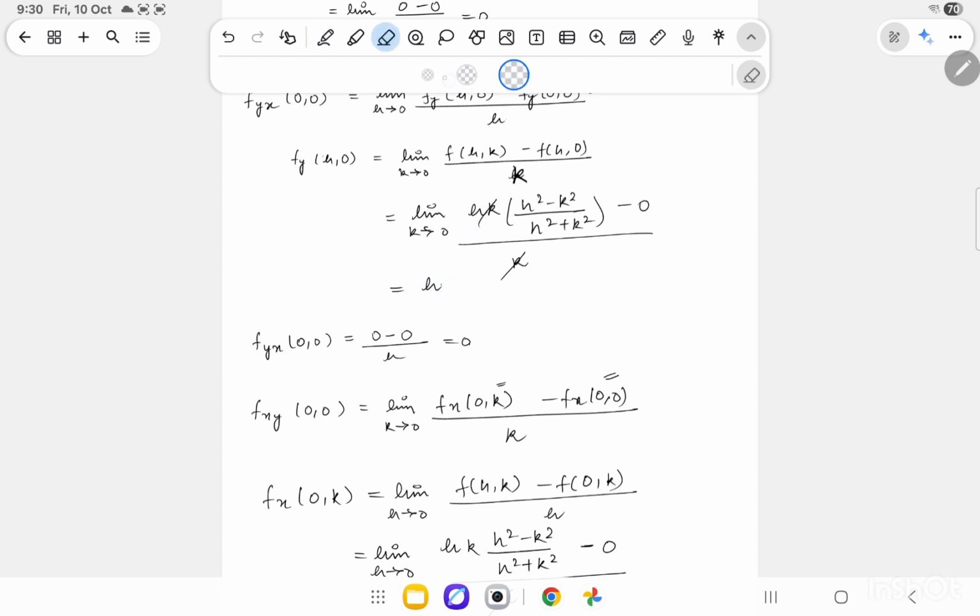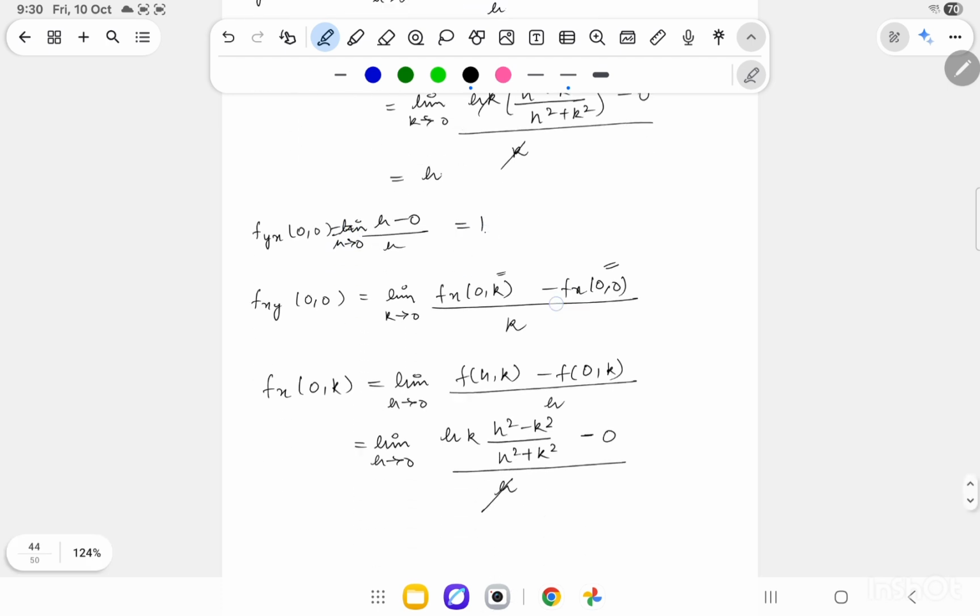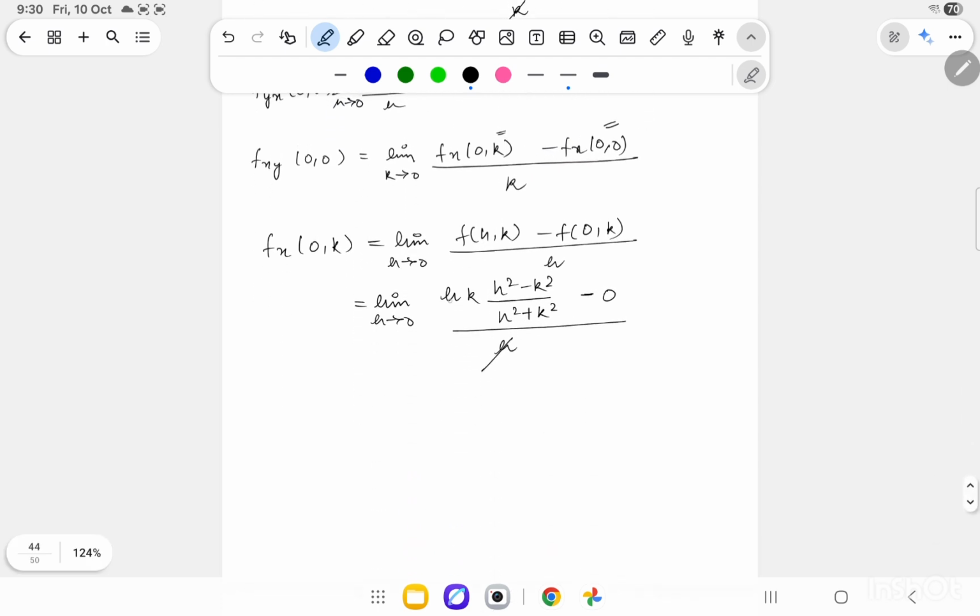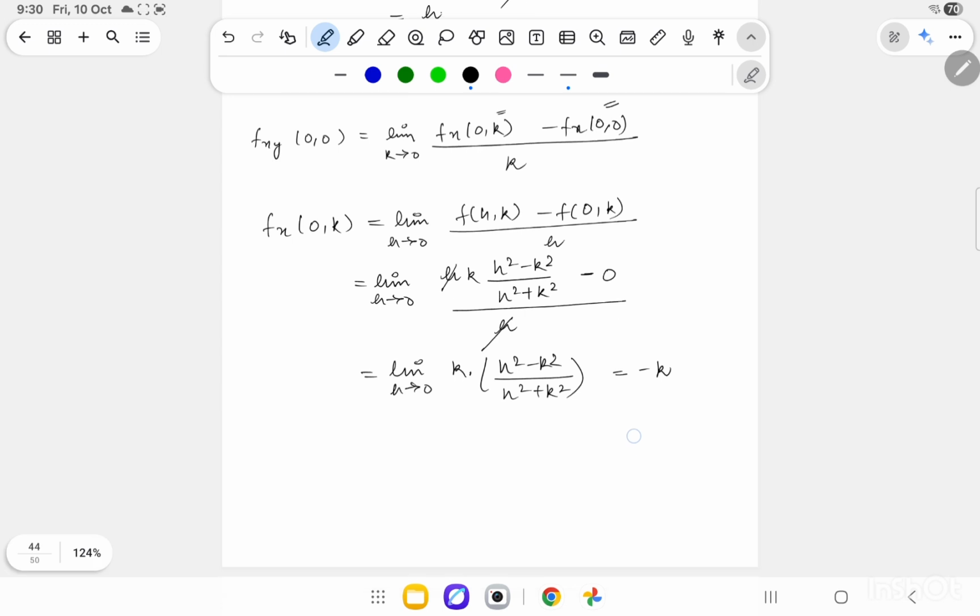So the limit as h approaches 0 turns out to be minus k.